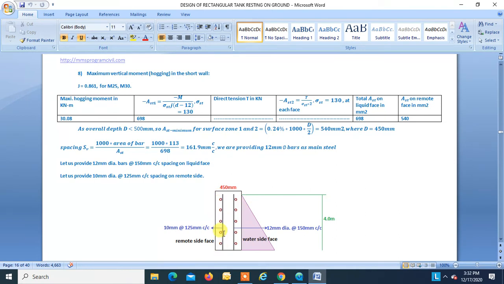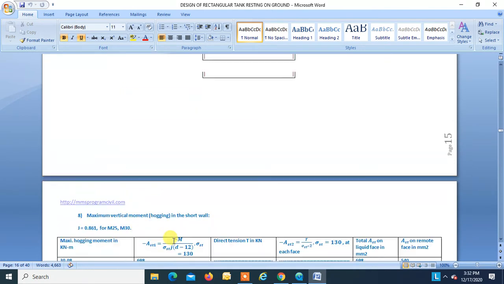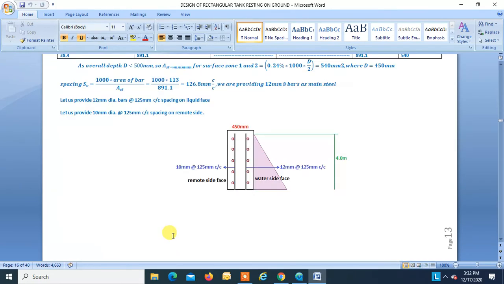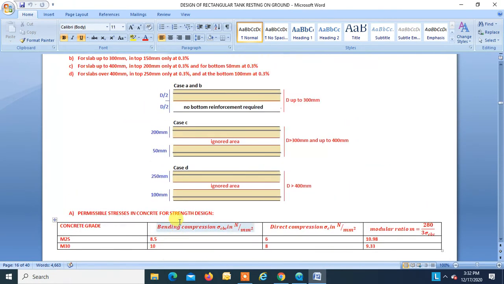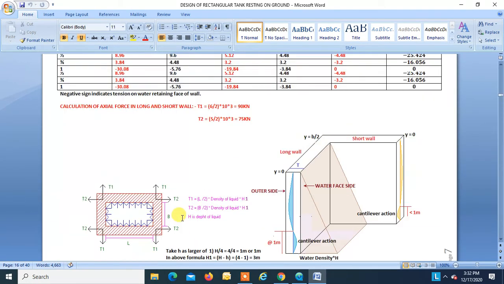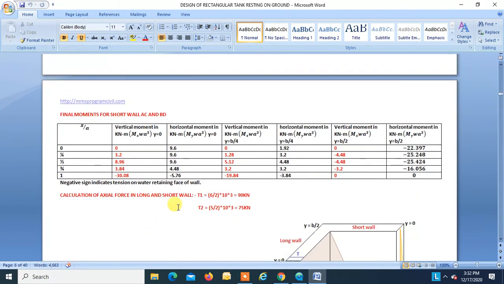One important point I want to make over here is that I am providing 540, that is minimum steel over here, because if I see the table for the moments of the shorter span, these are vertical moments. This positive moment will create tension on the outer face.